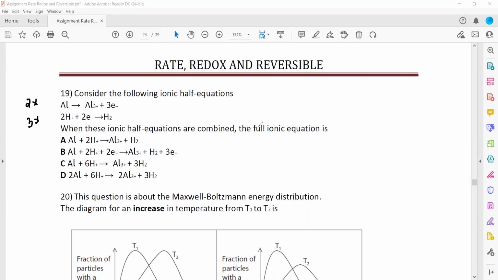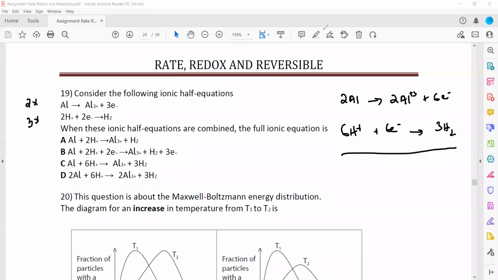So it will be 2Al gives 2 aluminum ions plus 6 electrons. And when we multiply the other by 3, it is 6 protons plus 6 electrons gives 3 hydrogen molecules.